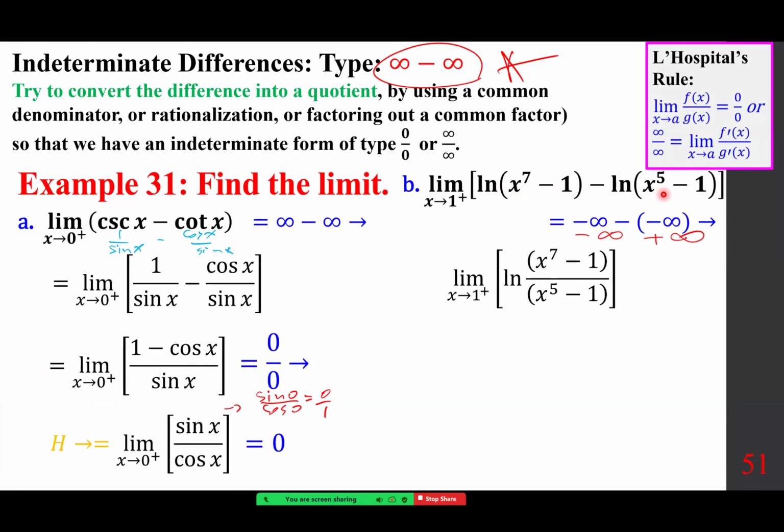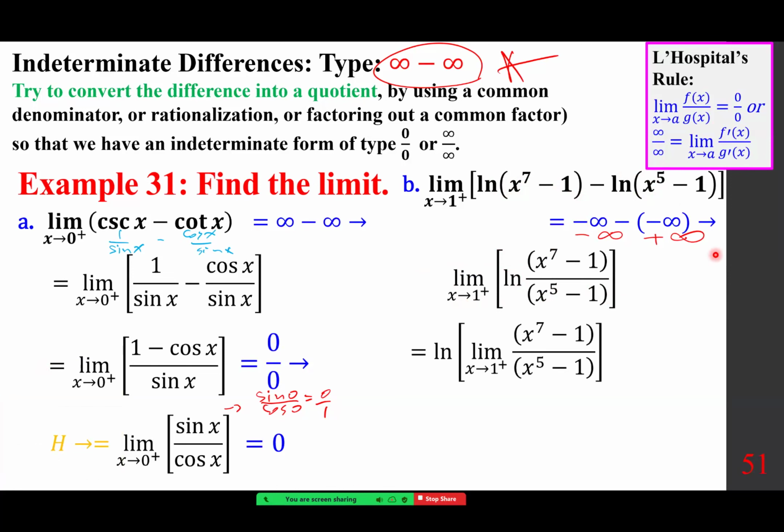And we can interchange natural log and limit because as x approaches 1 from the right, the two functions are continuous. That means that is part of the domain.